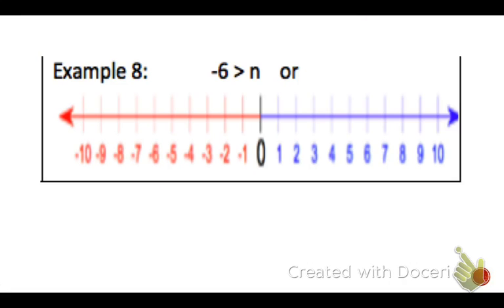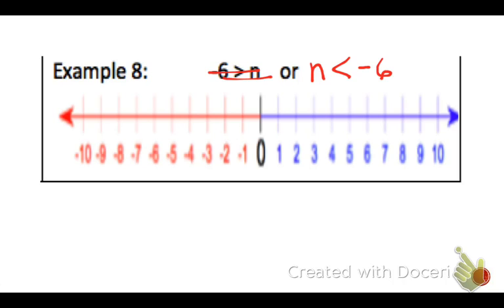Next one. We have negative 6 is greater than N, and the arrow is pointing at the N, negative 6. So the mouth is open towards the negative 6. I'm not going to use this one anymore. N is less than negative 6.